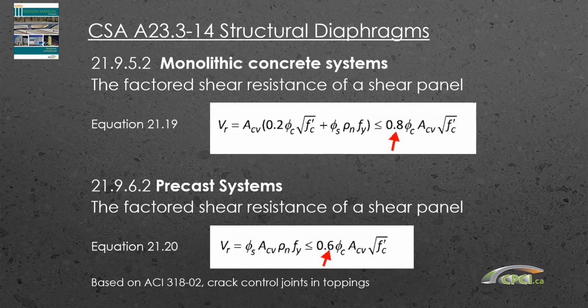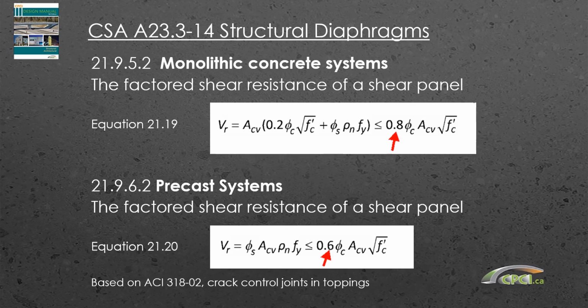This equation 21.20 was really intended for what I'll call a thin topping, 50 millimeter, 75 millimeter maybe, on top of precast elements. If you were going to use the topping as a diaphragm, basically the feeling is crack control joints would be put in over top of the precast element joints.